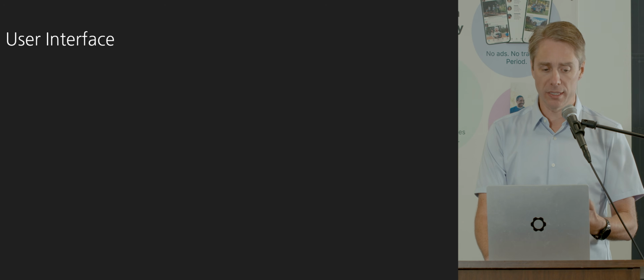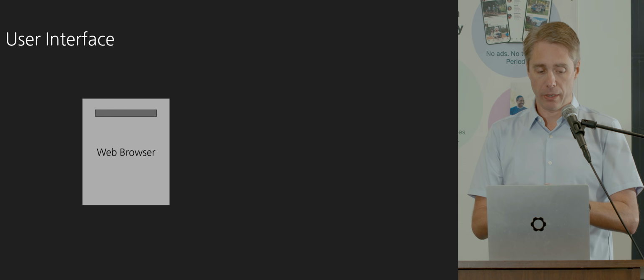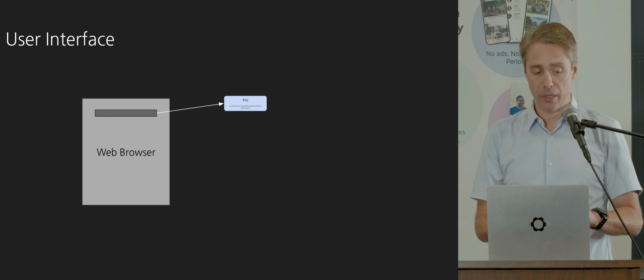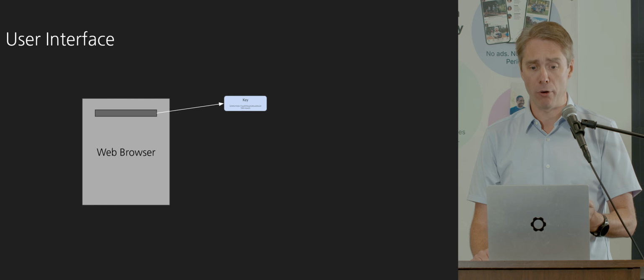So what does this look like from the perspective of the user? For example, if you're using a web browser, the Freenet core exposes a local web proxy.